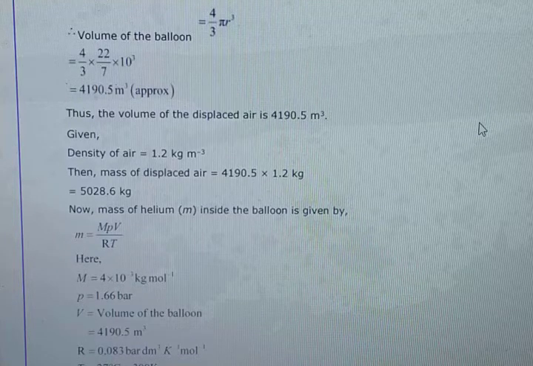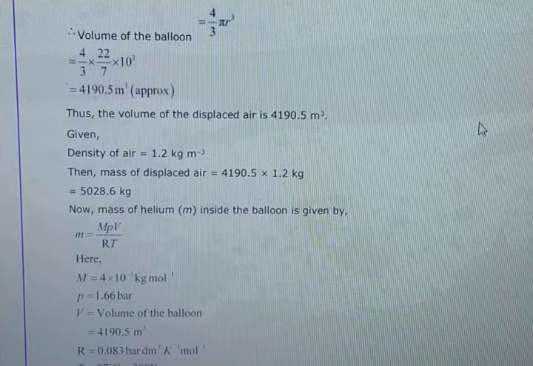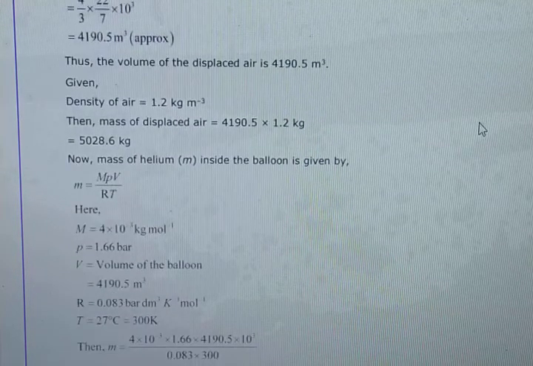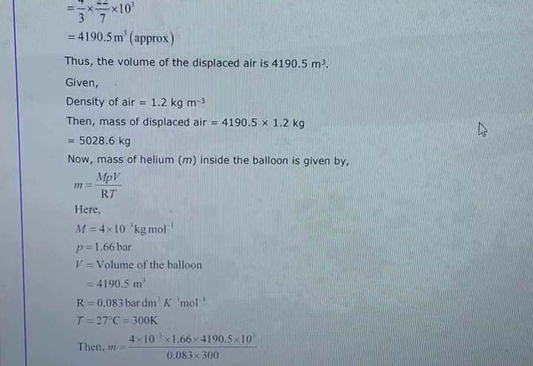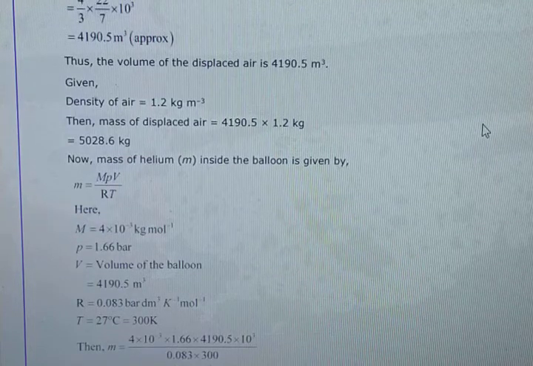Now the mass of the helium inside the balloon is m is equal to MPV upon RT. M is 4 into 10 to the power minus 3 kilogram per mole. P is equal to 1.66 bar. V is equal to volume of the balloon, that is 4190.5 meter cube. R is equal to 0.083 bar decimeter cube per Kelvin per mole. Temperature is equal to 27 degrees Celsius, that is 300 Kelvin.